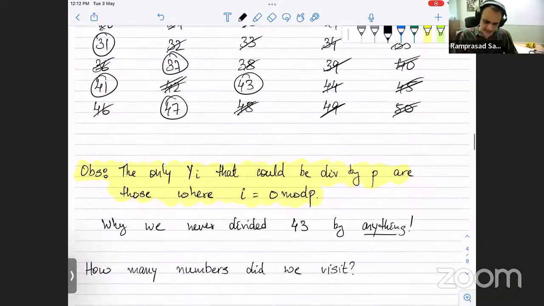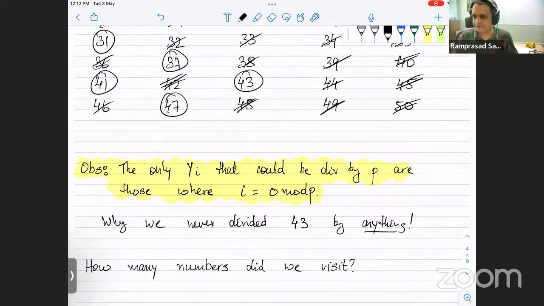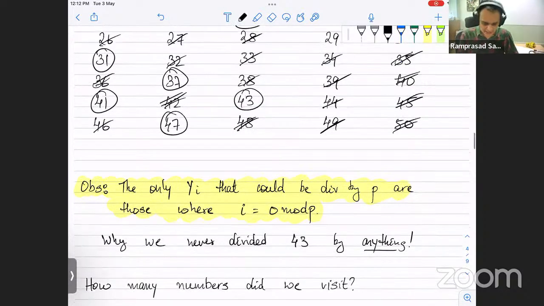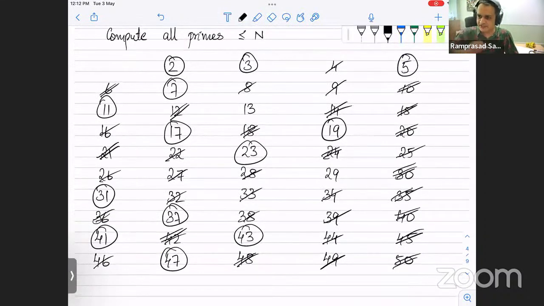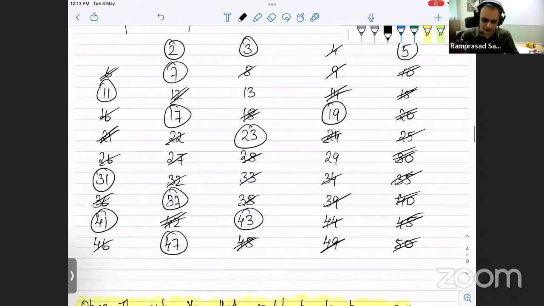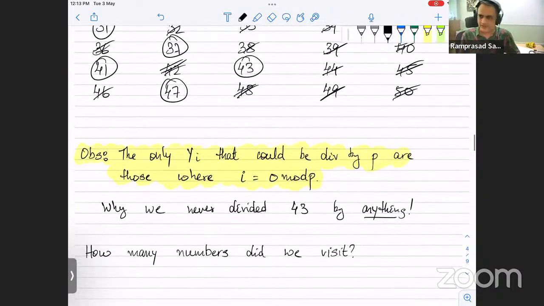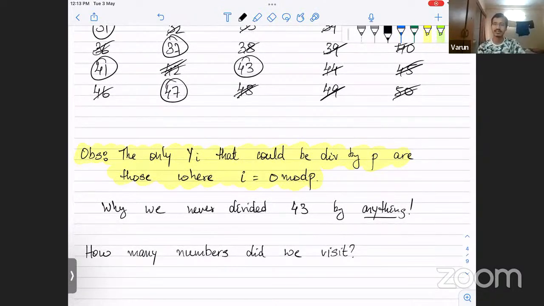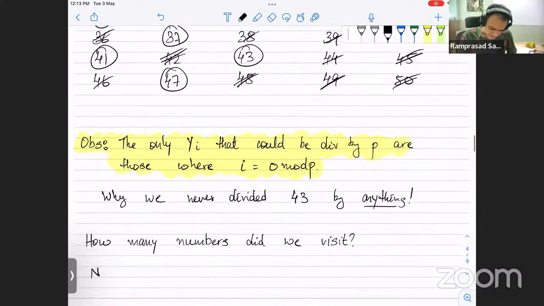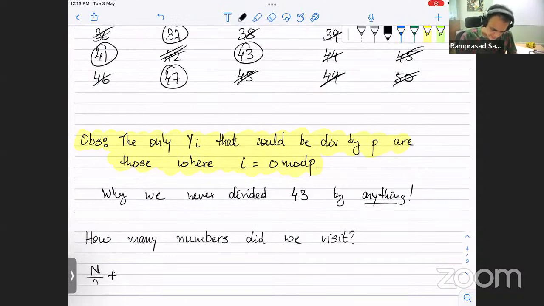Okay, so now let's ask ourselves, how many numbers did we actually end up visiting? When we ran this algorithm, there was a bunch of scratches that we kept doing. How many scratches did I do? Because roughly each scratch corresponds to one division. So you're going to do something for every such scratch, and I want to know how many such scratches I had. If we are looking at n, then I think we looked at n/2 plus n/3 plus what's the next one?